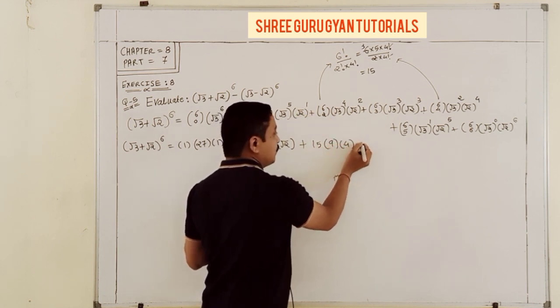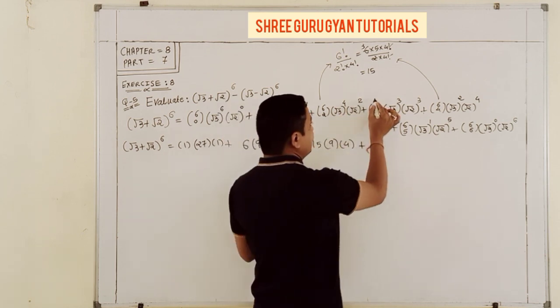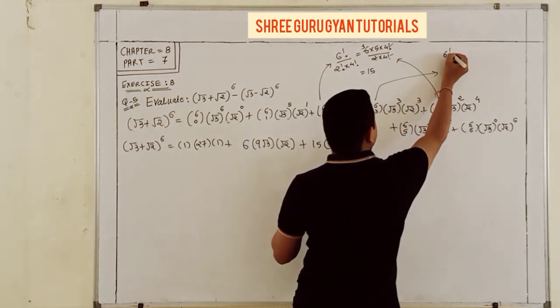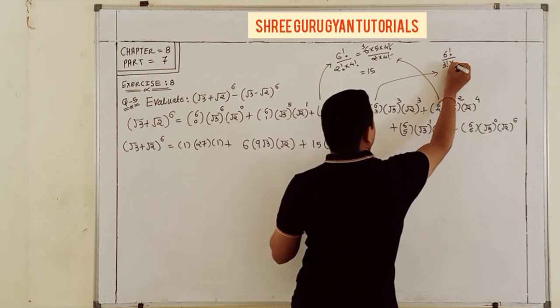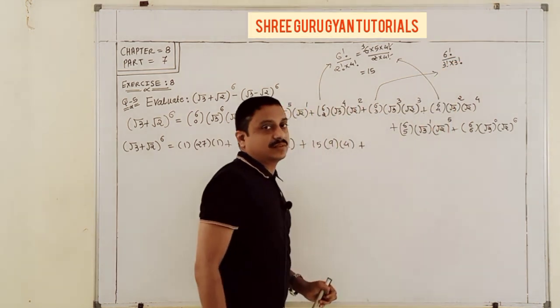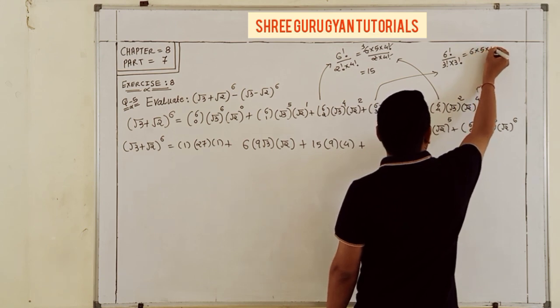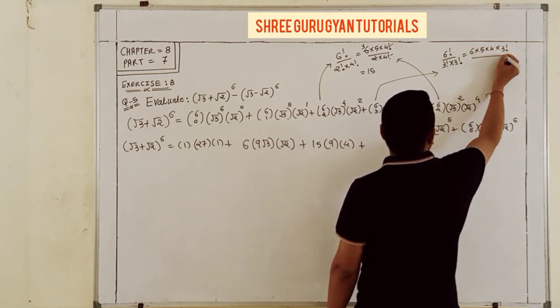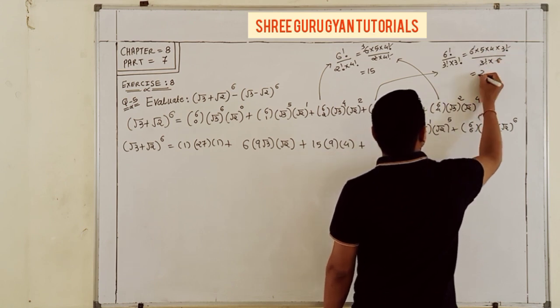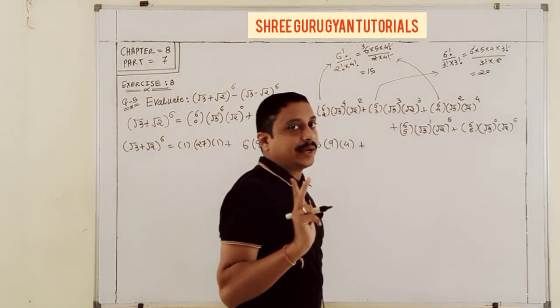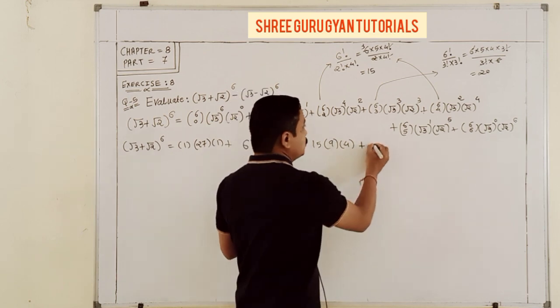That is 4. 6C3: I also calculate 6 factorial over 3 factorial and 3 factorial. So here 6, 5, 4, 3, stop, and it is 6. That cancels and this cancels. It should be 20, so here I write 20.